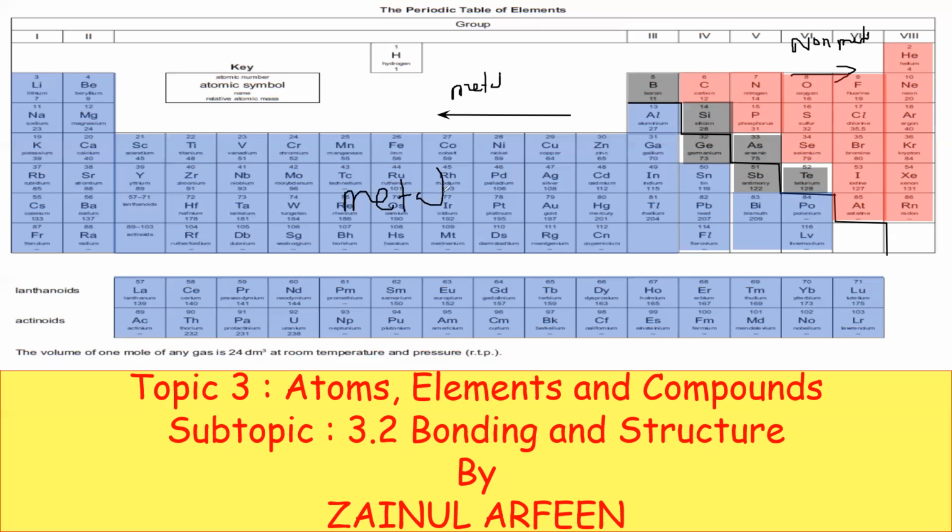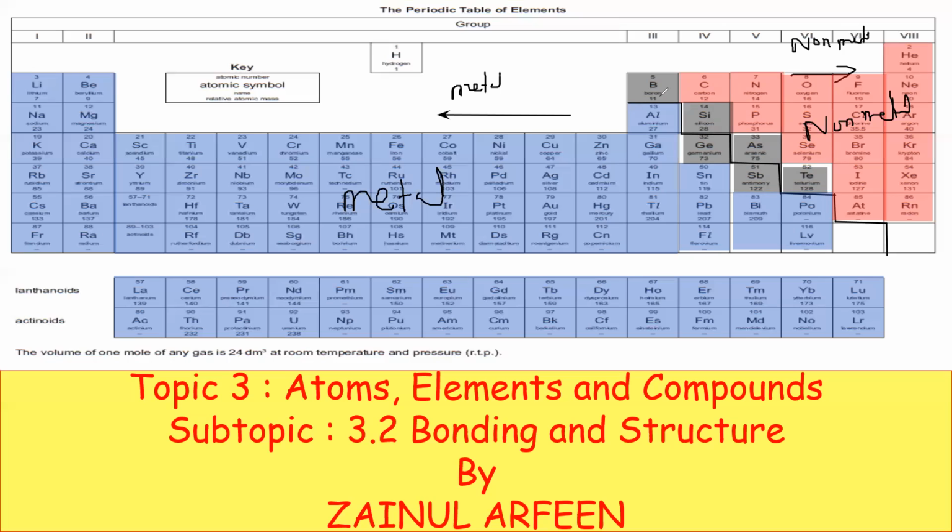On the left hand side, we have metals. On the right hand side, we have non-metals. And in between them, a few elements are there: boron, silicon, germanium, arsenic, antimony, beryllium. These elements are known as metalloids. Metalloid means they have some properties that resemble metals and some properties that resemble non-metals, as they are between the metals and non-metals.